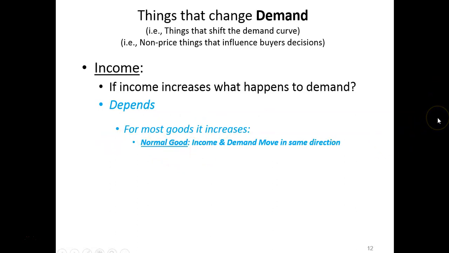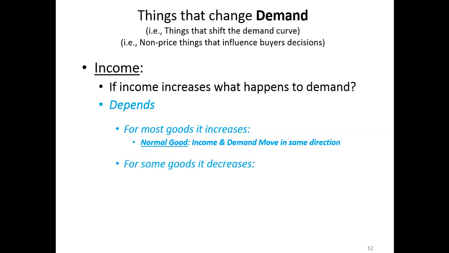You need to know that a normal good is defined as income and demand move in the same direction. Income goes up, that means collectively, as a market, people demand more. Right now, people's incomes have gone down. So for most goods, for normal goods, during this COVID-19 recession, demand has decreased. So that's for normal goods.